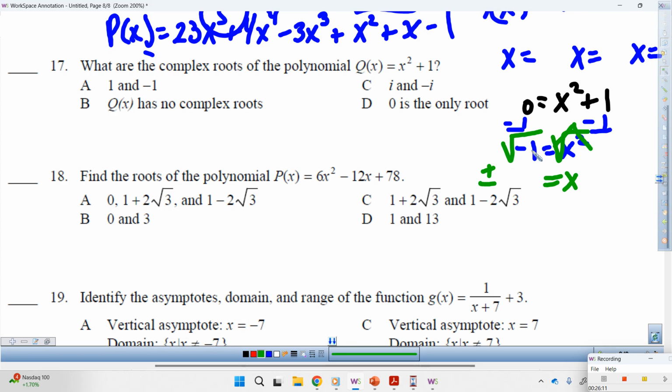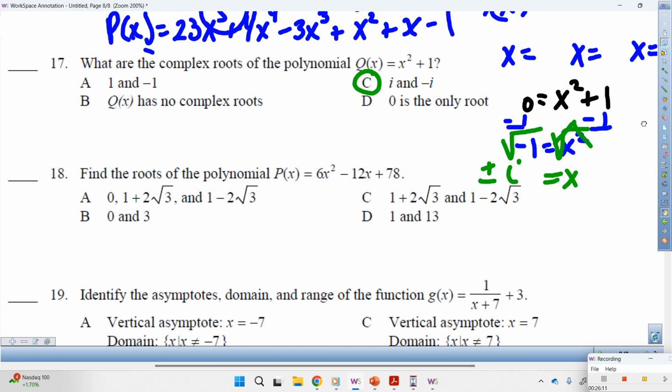Is there such a thing, people? No. That's why these are called imaginary. So the correct answer is letter C, i and negative i. Does everybody see what I did there?